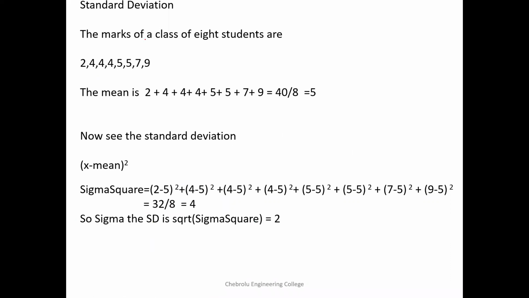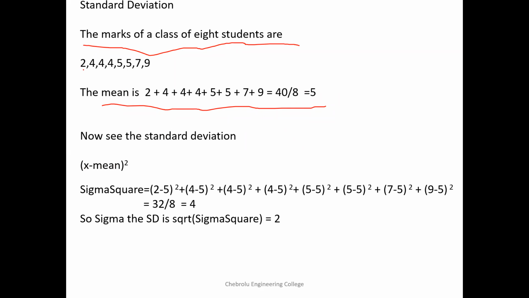The marks of a class of 8 students are like this: 2, 4, 4, 4, 5, 5, 7, 9. The mean is just an average. If we add all these, the mean is 5. Now, what is standard deviation? You have to subtract the mean 5 from each sample.